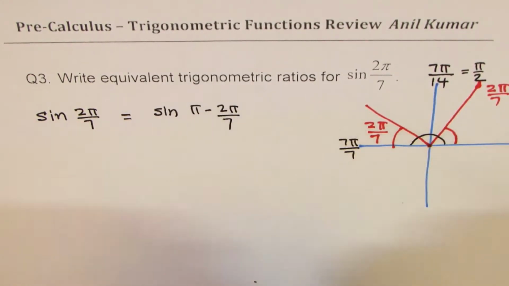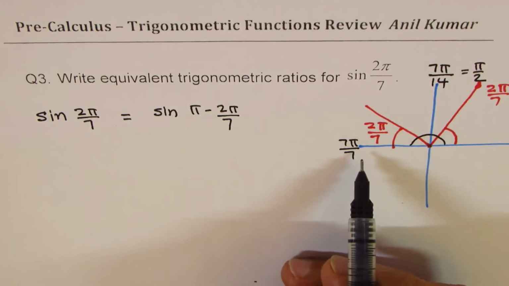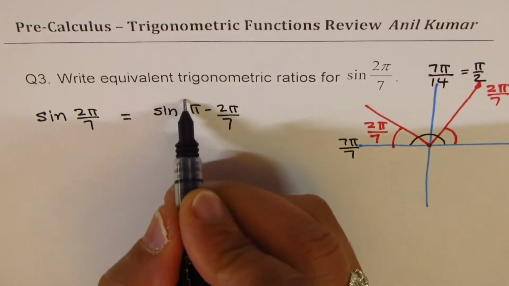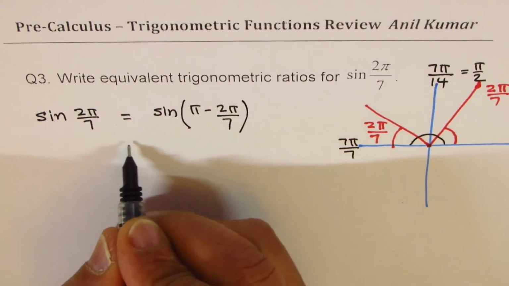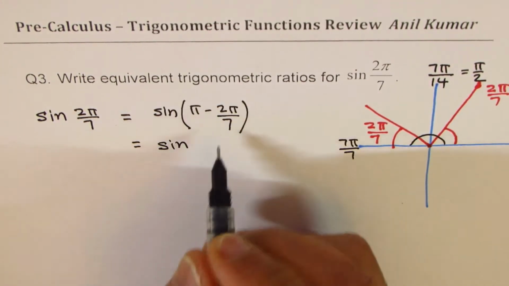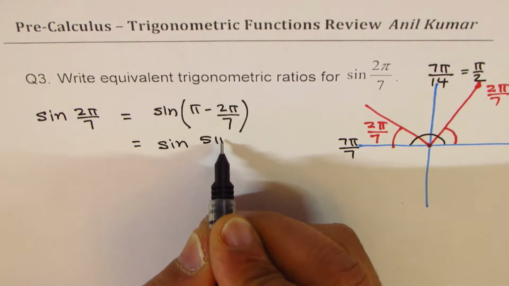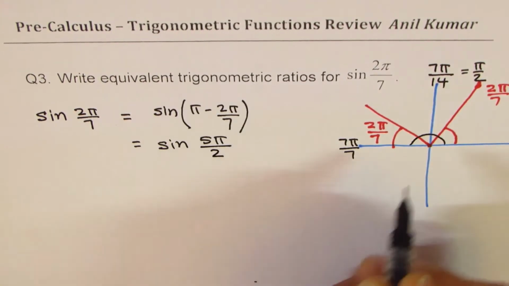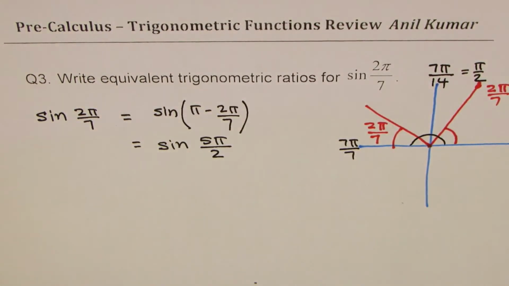Is it okay? That's what it is, right? So you could do this, and that gives you one of the trigonometric equivalent ratios as sine 7 minus 2 as 5 pi by 7, right? So this is the scenario shown.